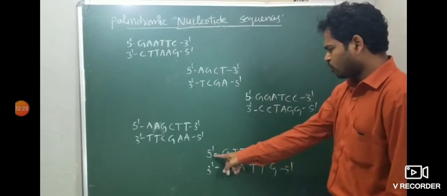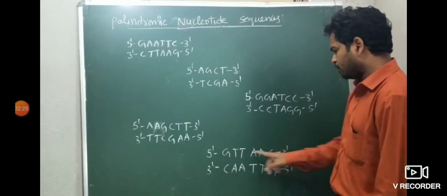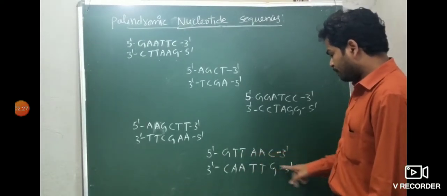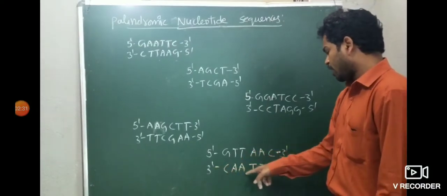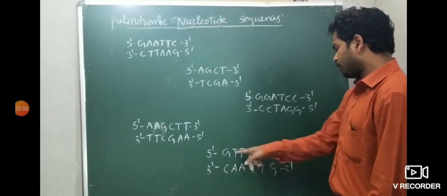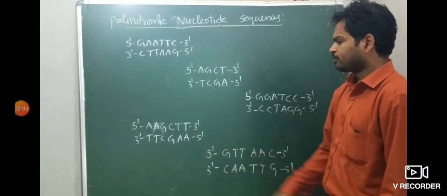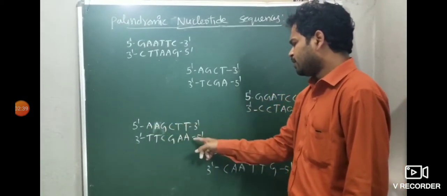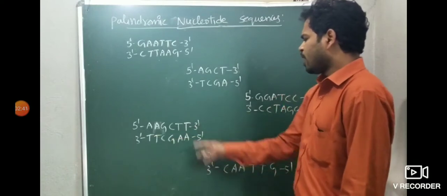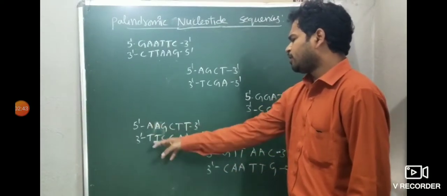Next, 5' to 3', GTTAAC, and 3' to 5', CAATTG. You can also take 5' to 3', AAGCTT, or TTCGAA.